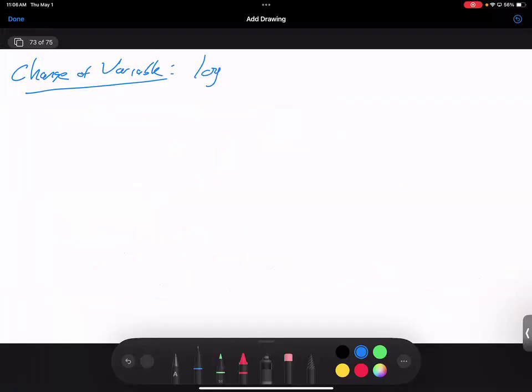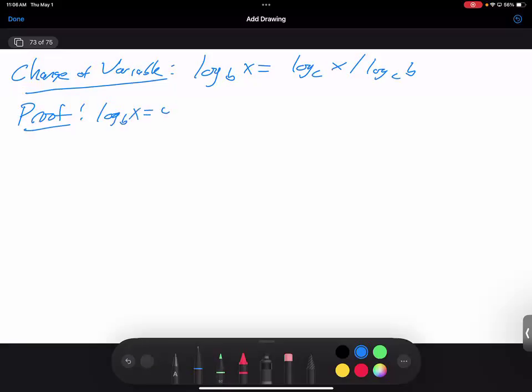So the log base b of x is the log base c of x divided by the log base c of b, if I remember correctly. And the proof, well, let's see. The log base b of x equals y means x is equal to b to the y. Now I want to look at the log of x base c and the log of b base c.